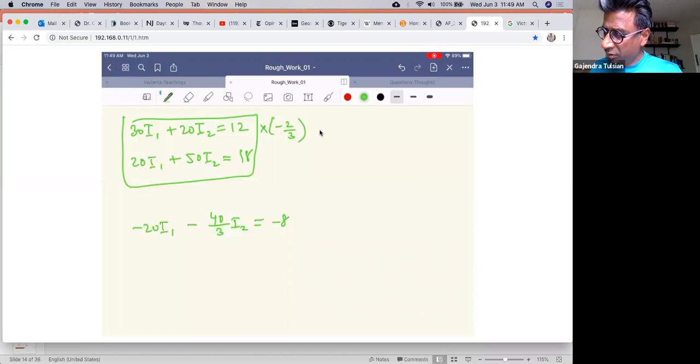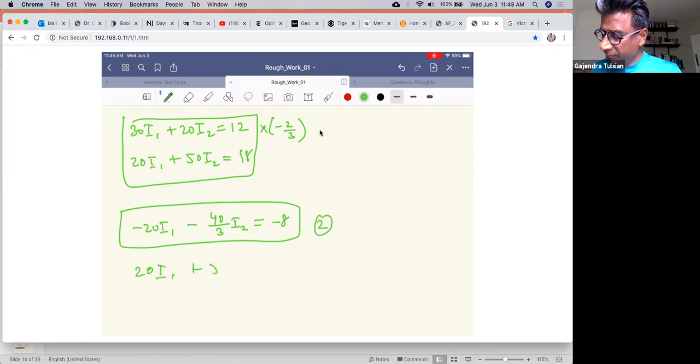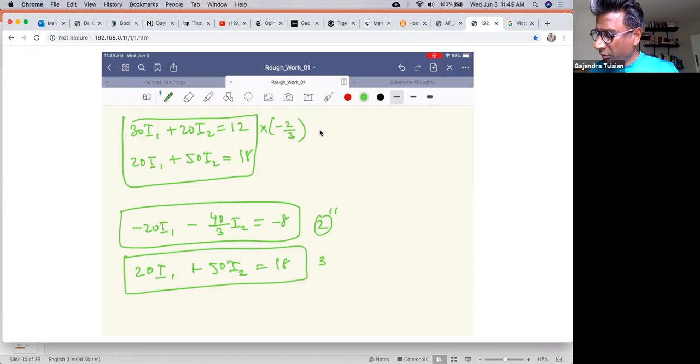So there is equation, we'll just call it 2 double prime, and here's 3 again, 3 double prime: 50 I2 equal to 18. Okay. And the reason I did that is, now it's clear. You can see that now if you add these two equations, this term will drop out and you'll end up with an equation with one variable.